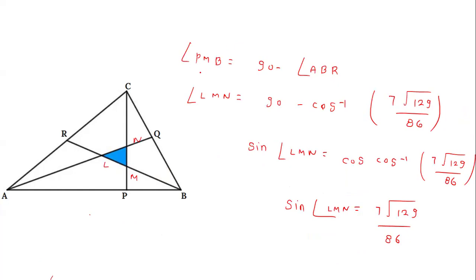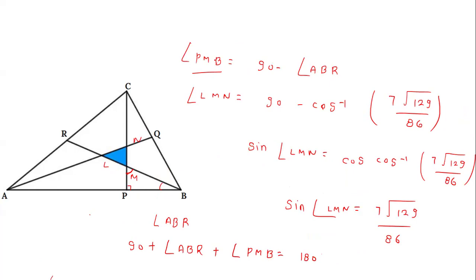Now you see that angle PMB, this angle is 90, and this angle is angle ABR. So we can write 90 plus angle ABR plus angle PMB is equal to 180 degrees, since the sum of the angles of a triangle is 180.